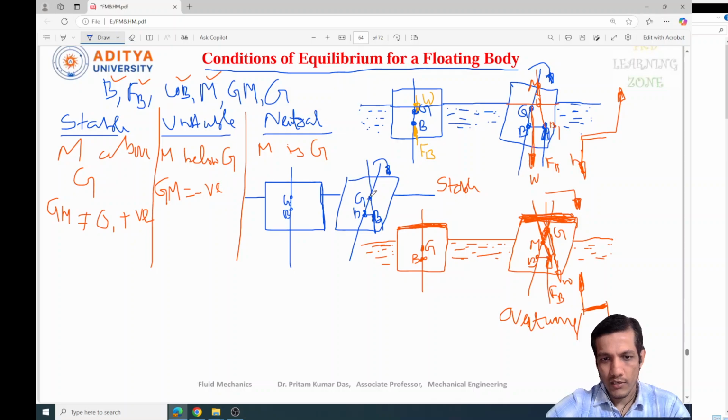Then you can see this is the meeting point, and the meeting point is nothing but the metacenter. In such a condition, when the metacenter coincides with the G point, that is called neutral equilibrium. So these are the types or conditions of equilibrium for a floating body.